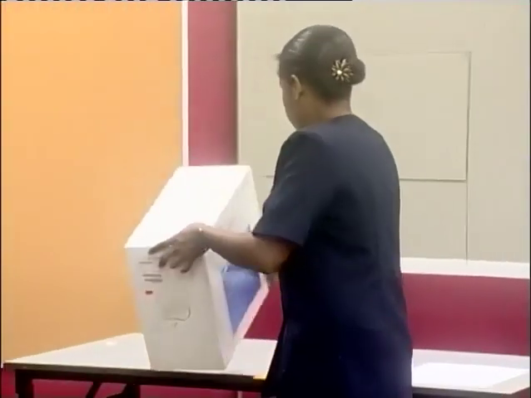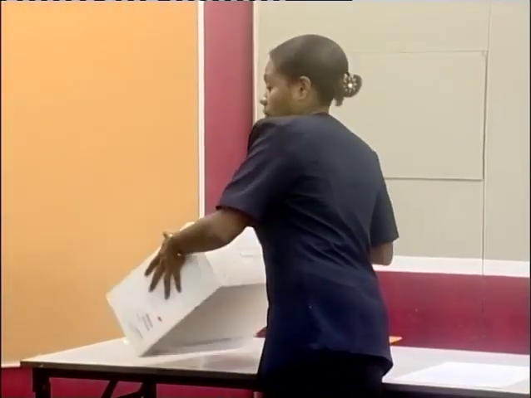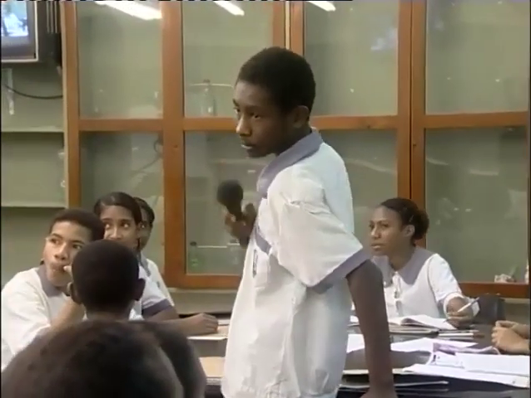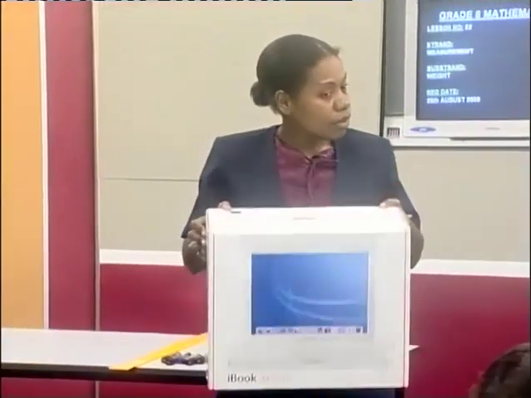Yes? All right, Peter, thank you. Rectangular prism. Very good. What else can we call this shape? Is there any other name given to this type of solid shape?